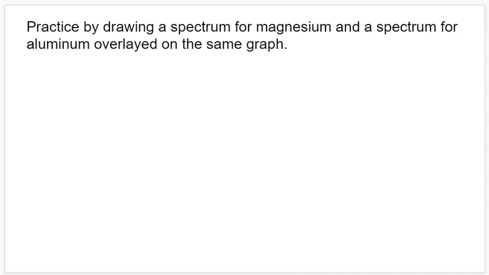So magnesium and aluminum are kind of close to each other on the periodic table, but they're going to differ by the number of electrons and the occupied subshells. So pause this video real quick and try to draw a photoelectron spectrum containing both magnesium and aluminum overlaid. So make sure to label your x-axis as ionization energy and your y-axis as relative number of electrons.